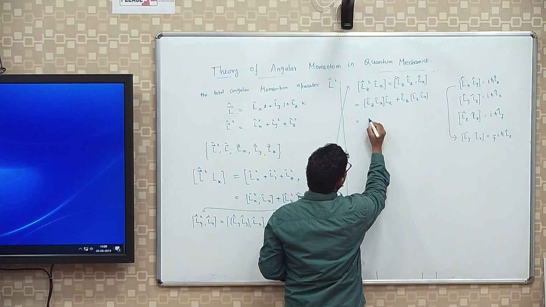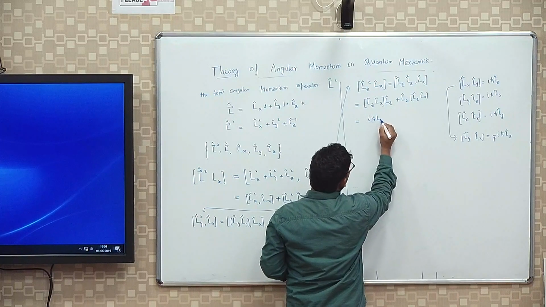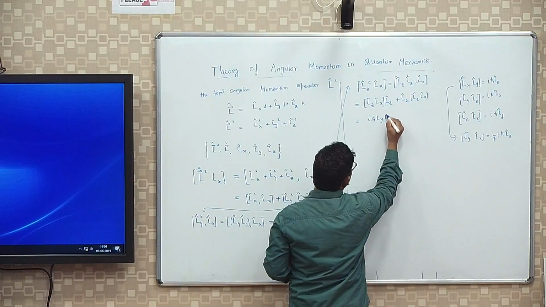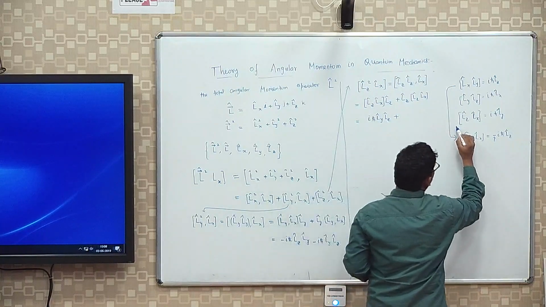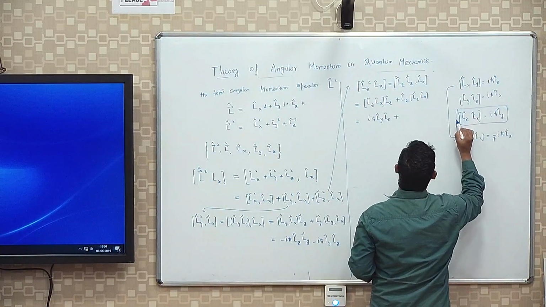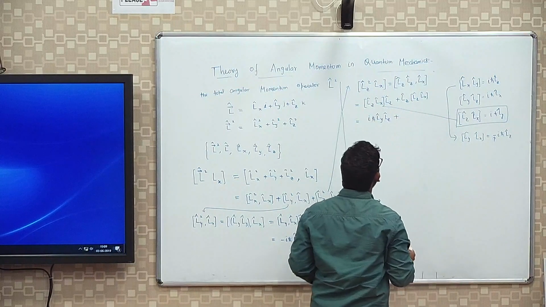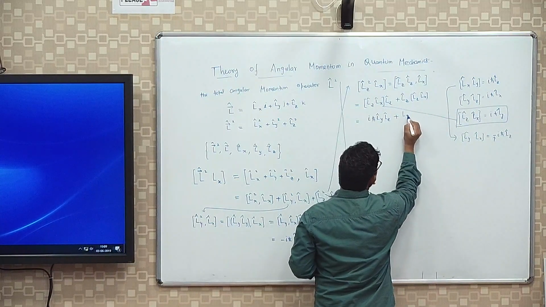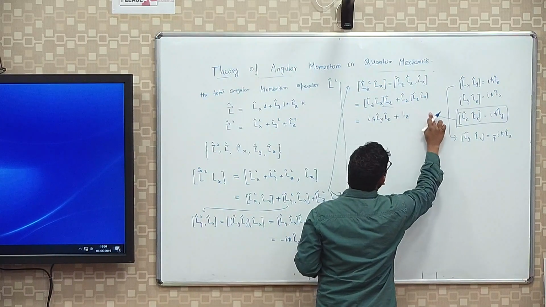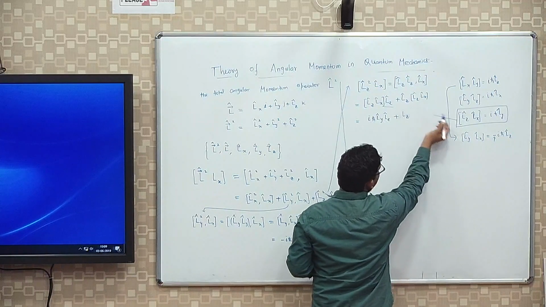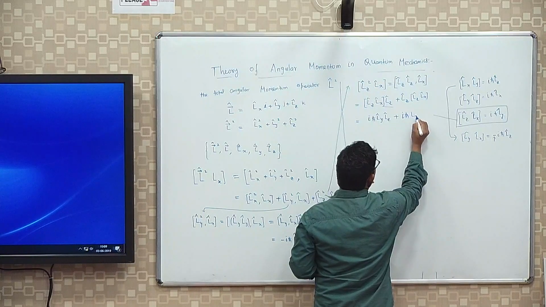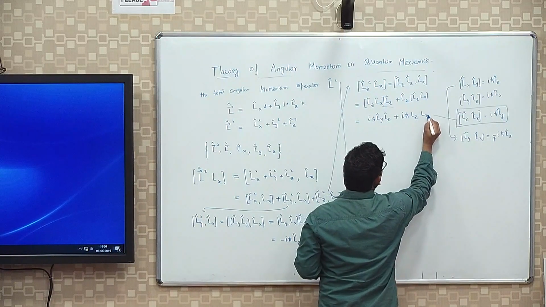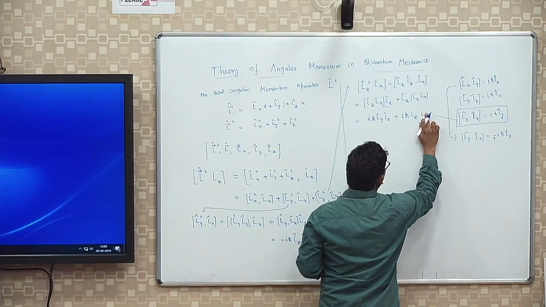So we can write it iħ Ly Lz plus, referring to this one, Lz, again iħ is there, you put outside, Lz Lx Ly.